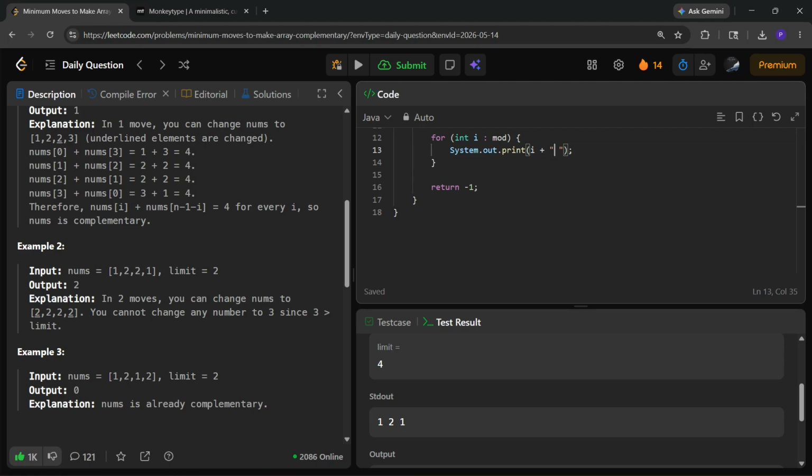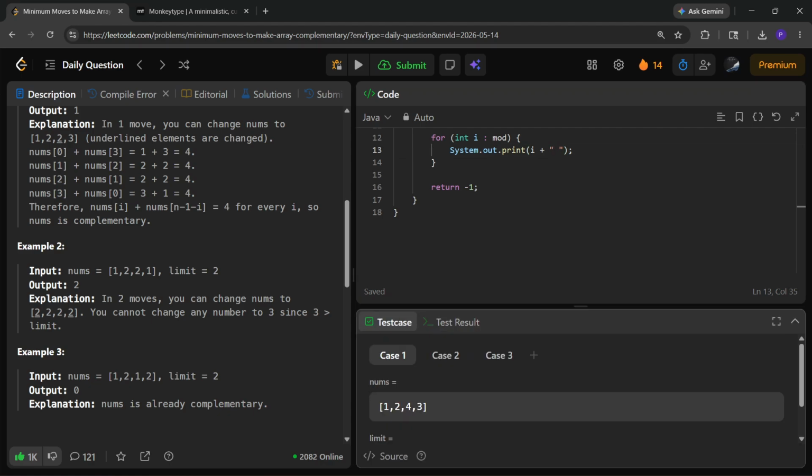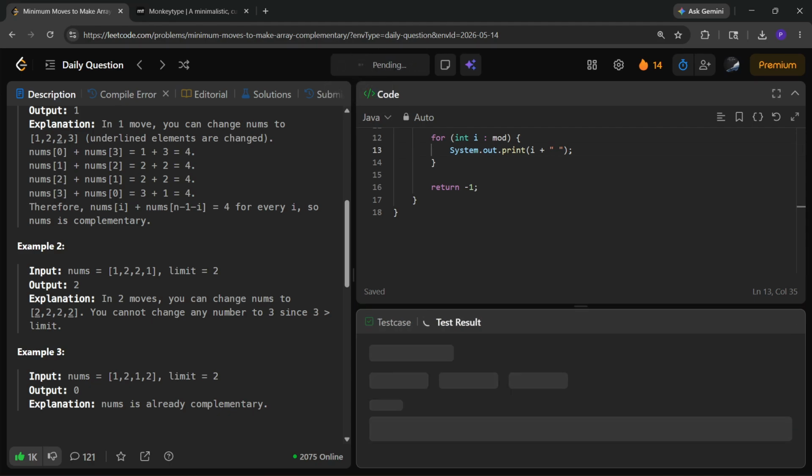I have a custom input, how do you add a custom input? So 1 2 1 2 1, another 1, another 2. What will be the modification on it?